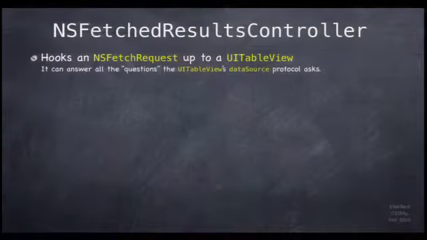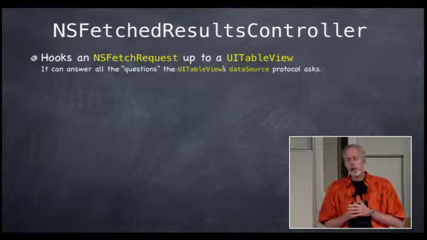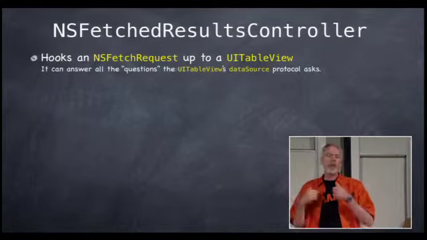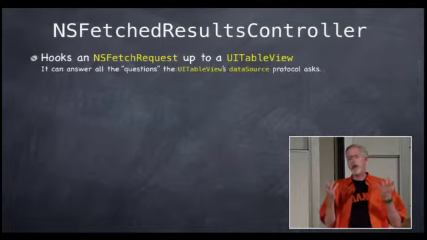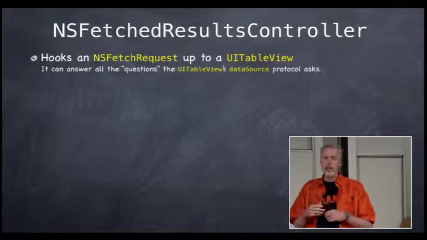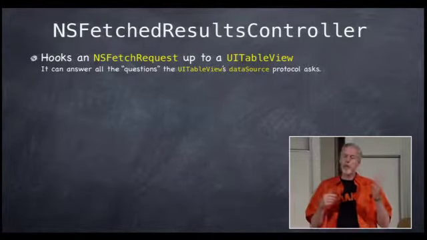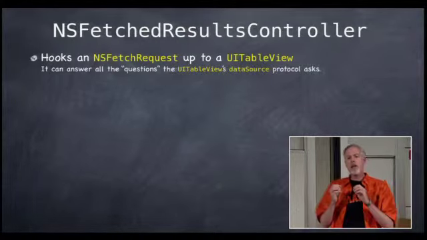Okay, so now we've got our fetch request. We want to hook it up to a UITableView. Now you might think, well, that's pretty straightforward. I'm just going to query it, get that NSArray, and then I'll just start answering questions the table view wants, like how many things are in the array. That's .count, and load up the data, no problem. Array object at index, whatever, load it up. But the problem is twofold.